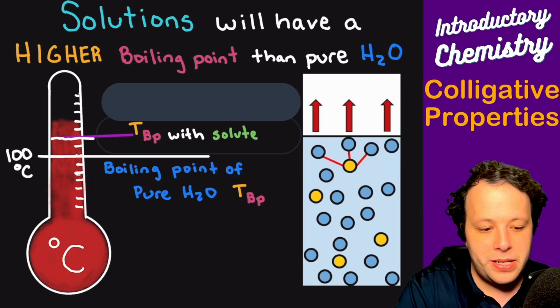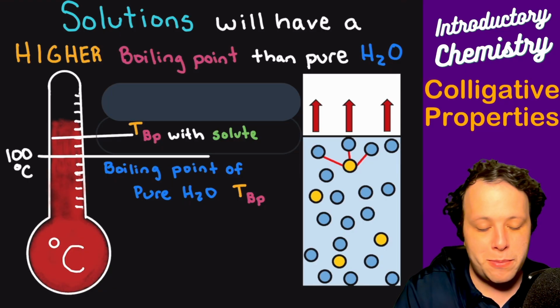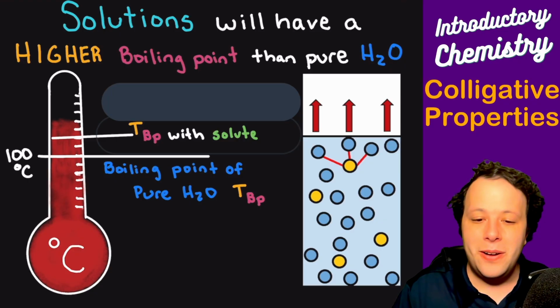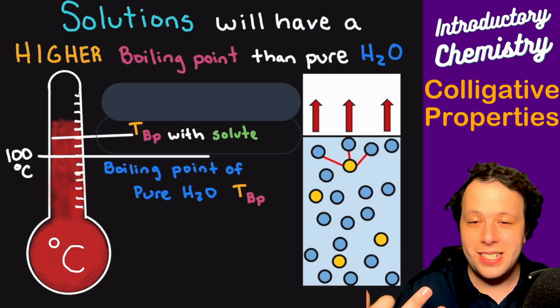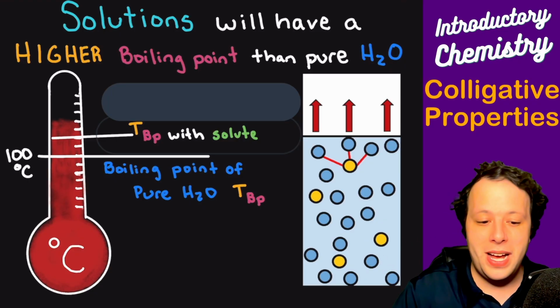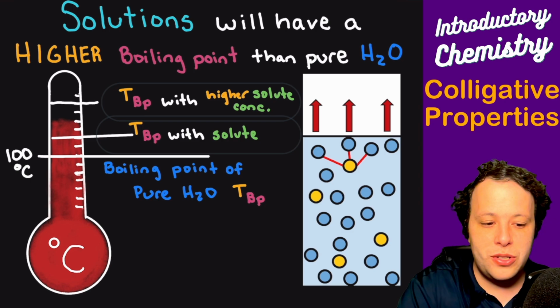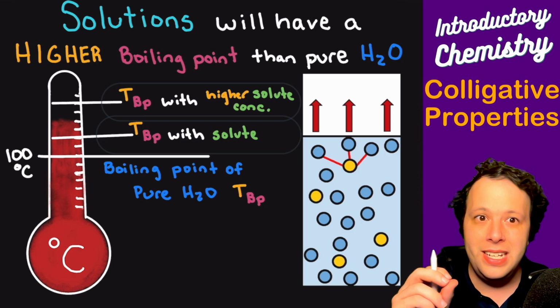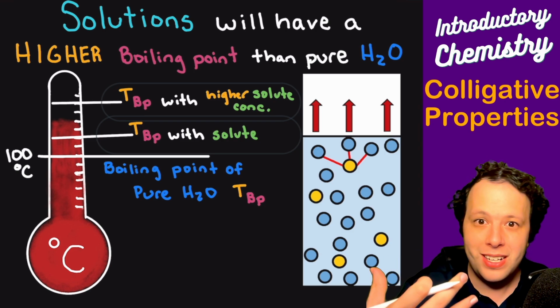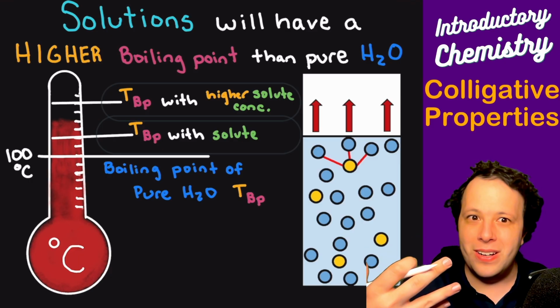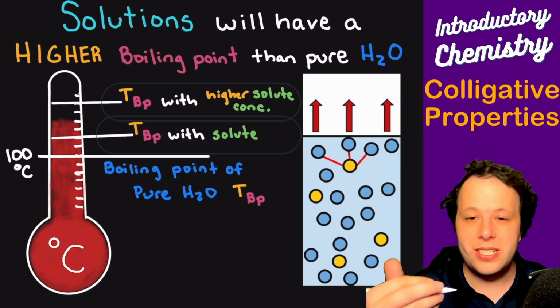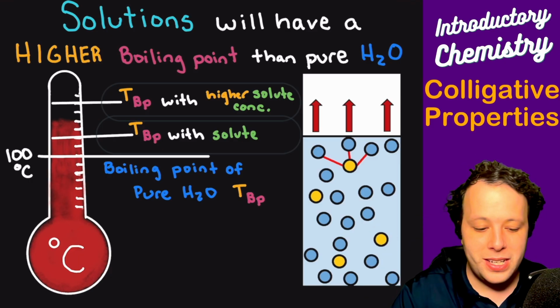So let's maybe draw that as white here instead of purple. So it goes up. Now, if I add more salt and it dissolves, the more and more you add, that temperature is going to go higher. So one thing we see here is the higher the concentration, the more the temperature is going to rise.